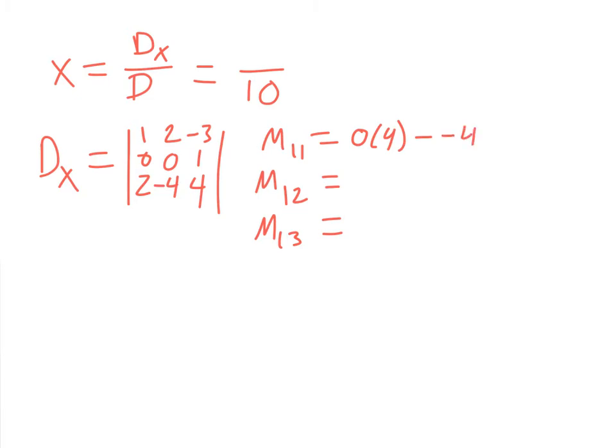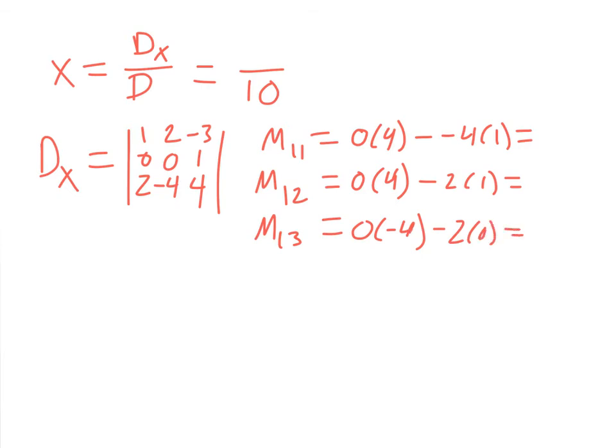Zero, 4 minus negative 4 times 1. 0 times 4 minus 2 times 1. How about 0 times negative 4 minus 2 times 0?